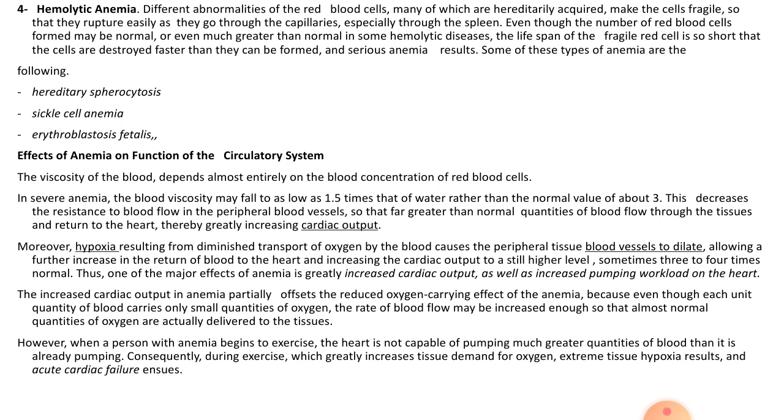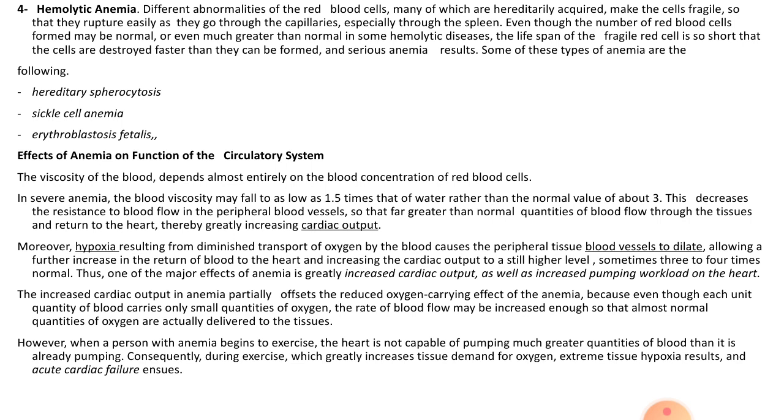They will be destroyed. And in sickle cell anemia also, as we discussed previously, there is an abnormal shape, and because of the presence of intracellular crystals, this will cause destruction of the cell membrane.